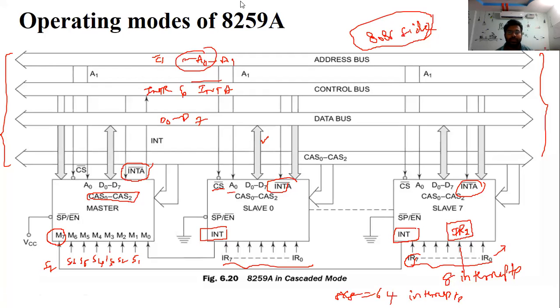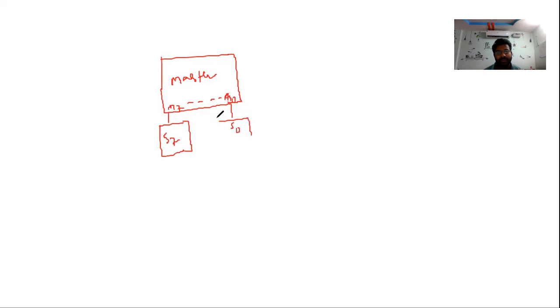Just see this one, you are not confusing this. Suppose we are assuming this is the master device. This master device is going to connect to the slave devices, S7 and so on, down to S0. Just for simplicity, I am drawing this one: S0, slave 0 device.